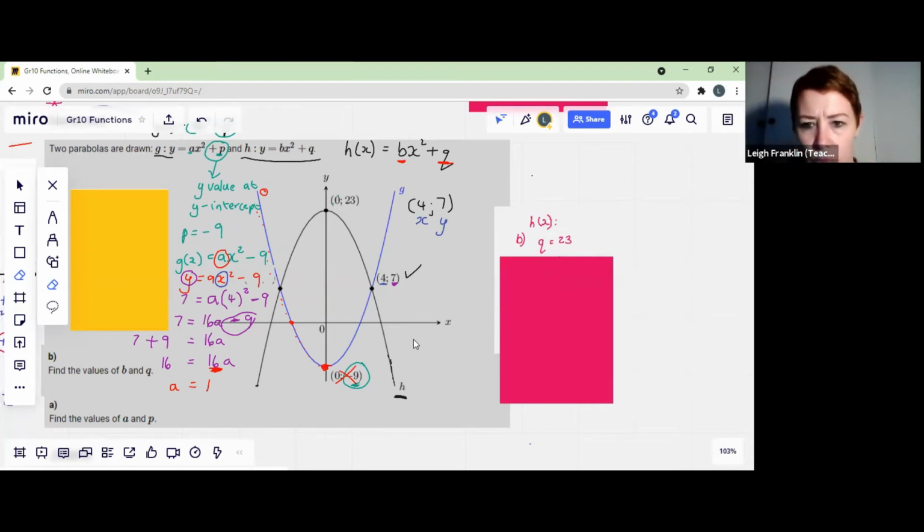Ma'am, I substituted the value of Q as 23. Good. Keep going, Zanele, you're perfect.